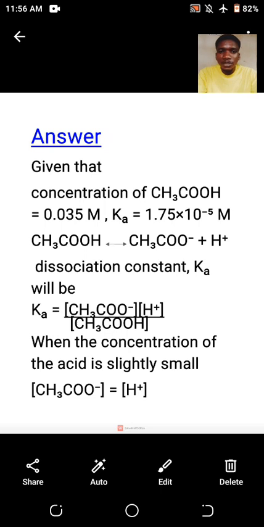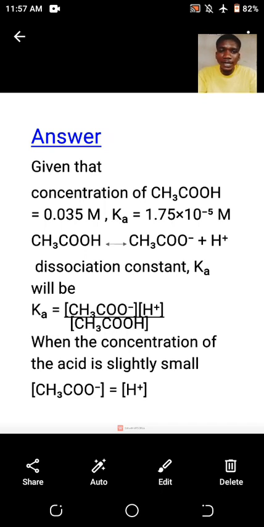So the dissociation constant Ka will be from the equation above. We can have it as a dissociation constant or an equilibrium constant. The numerator will have the concentration of the product side, while the denominator will have the concentration of the reactant side.